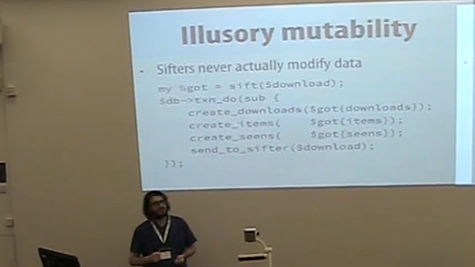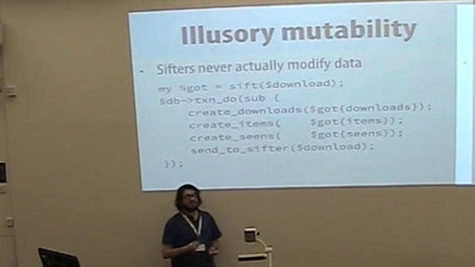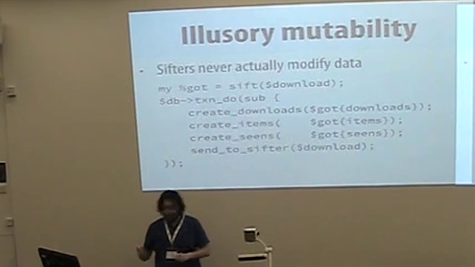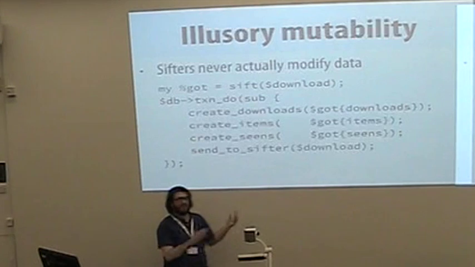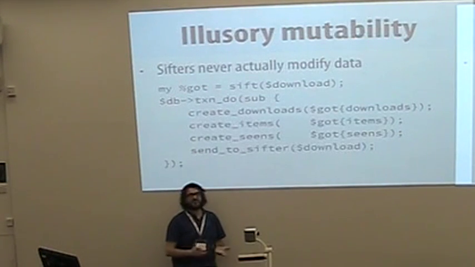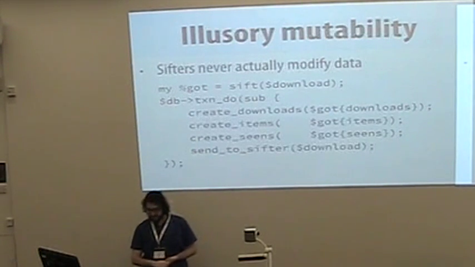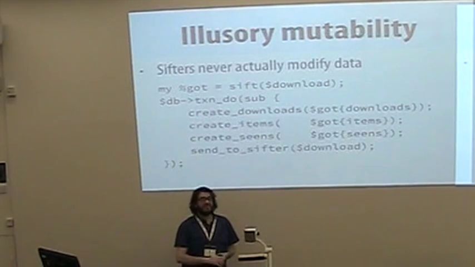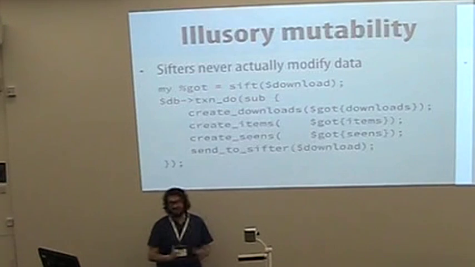So in particular, they're allowed to look up which URLs have already been seen, so they can avoid trying to create downloads for them. And then, instead of writing, they pass it back to this code. So what happens in this code? Well, we start a database transaction. So we've got the txn do method on the database. So dbx class database schema.